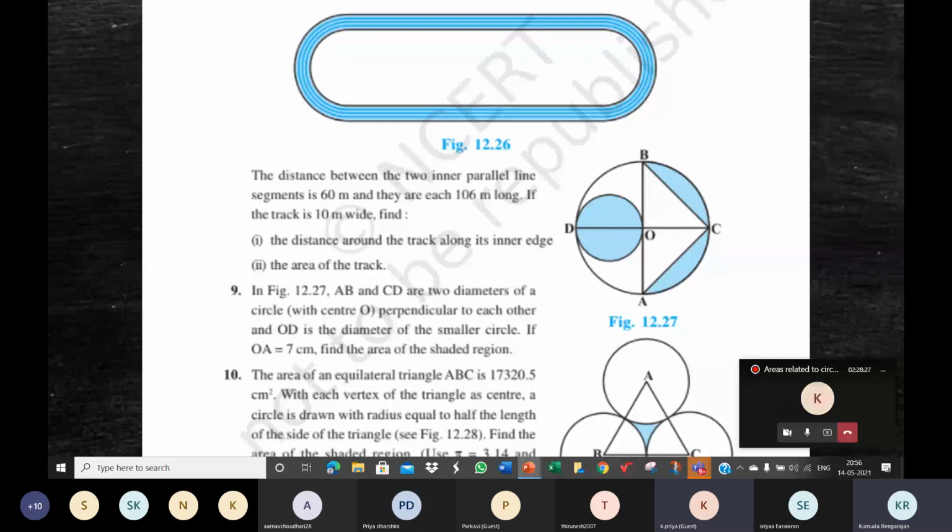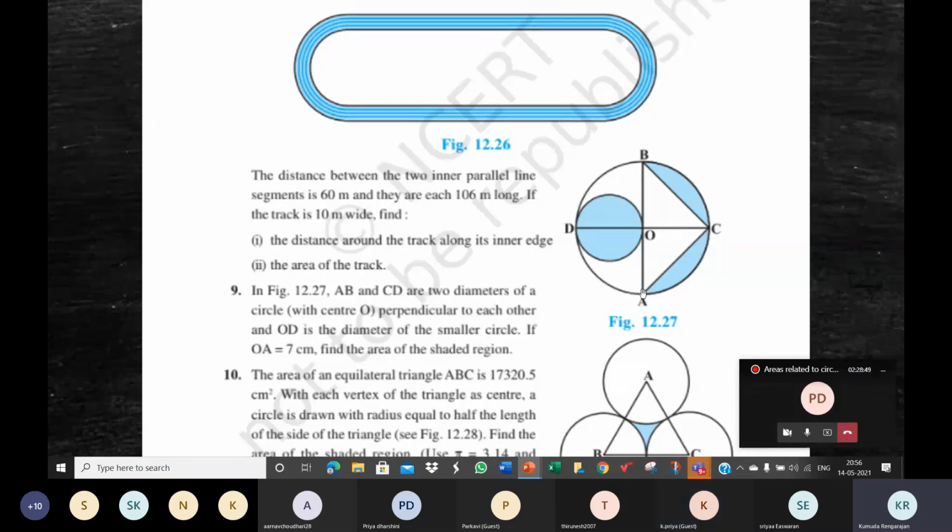For this one, this portion, this and this. Ma'am, area of circle plus area of semicircle minus area of triangle. Yeah, who was that? Semicircle minus triangle? Ma'am, Priya, ma'am. Yeah, Priya, that's right.